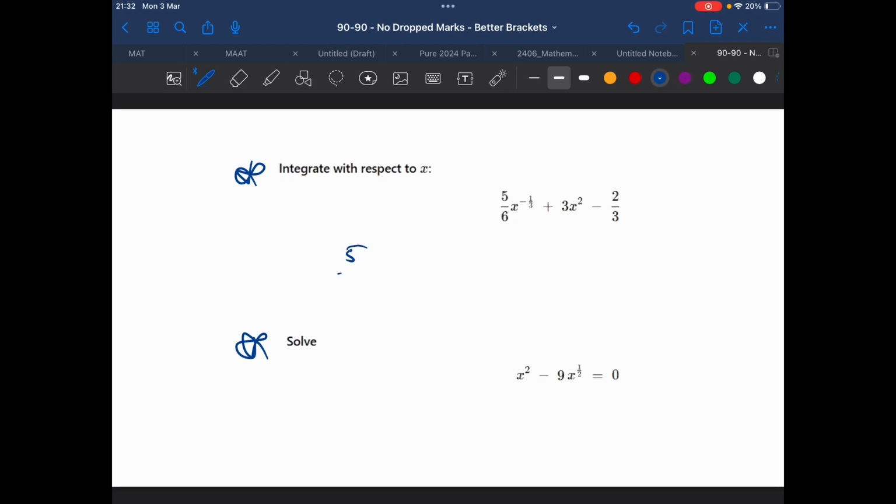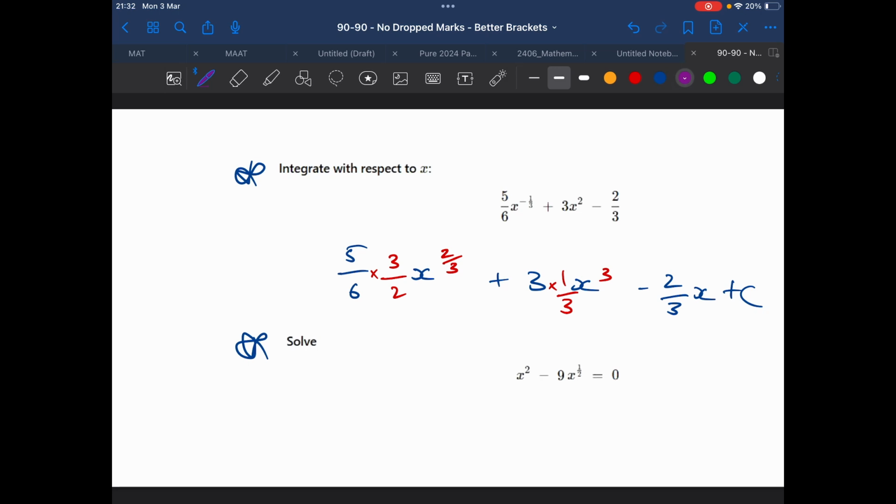Here we go. 5/6 x, the new power, is going to be 2/3. Watch out for that. It's not 1/3, it's 2/3. We're going to multiply by the reciprocal of the new power. It's all about the new power. So 3x to the 3 times a third, and then minus 2/3 x plus c.